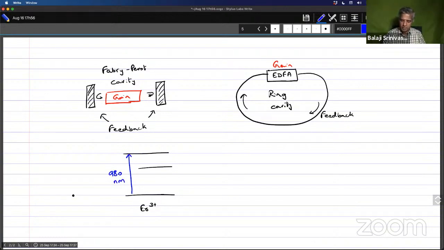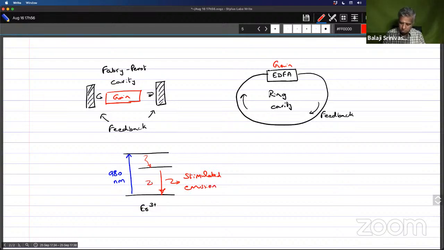Okay, and what will happen is this will just non-radiatively relax here, and it will go to a metastable state where the lifetime of the state is actually relatively long. So it will go there, and from there you might have this stimulated emission. Right, that's what we talked about in the class.